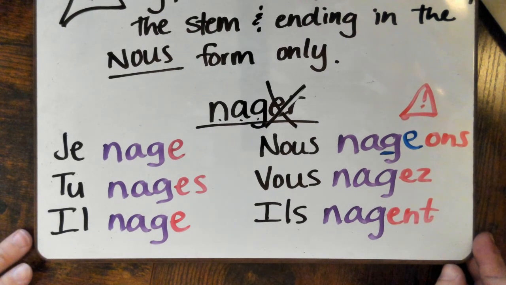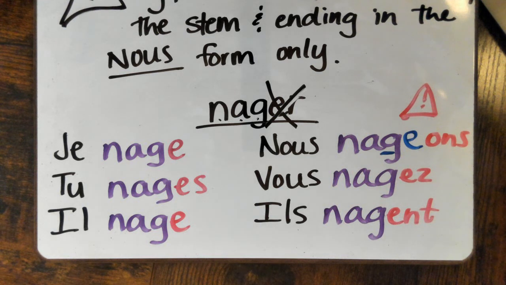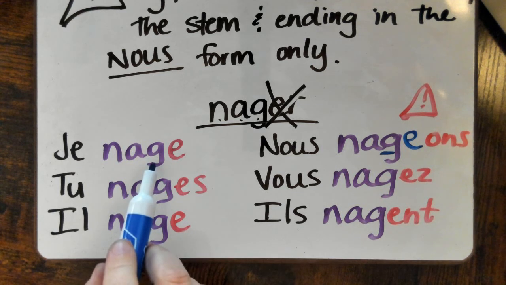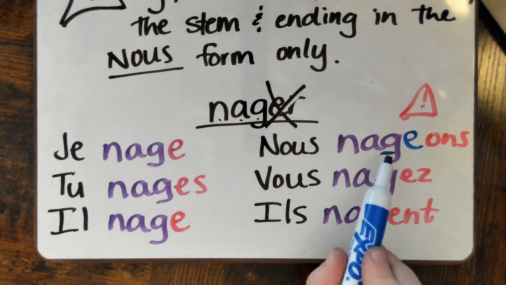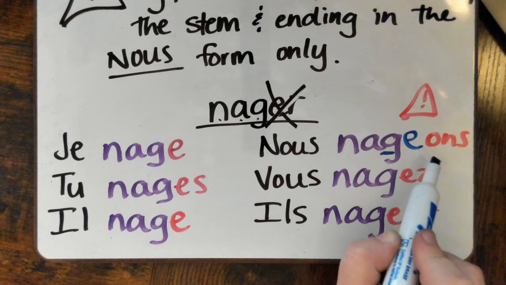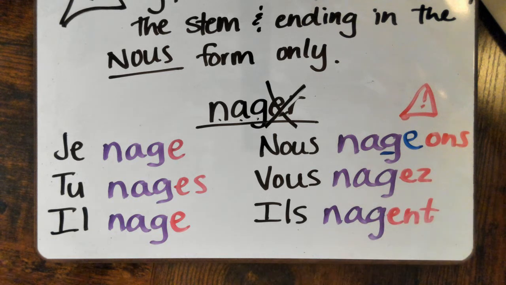And the reason we do that is because all of these other forms of the verb have an E right after the G. See how here we have G-E, G-E, G-E, G-E, G-E? Well, this one, if we didn't put the extra E there, it would be G-O. And there's a rule that says when there's a G and an O next to each other, the G is pronounced hard. And we don't want to say nagon when all the rest of them have a soft G. So it's nage, nages, nage, nageons, nagez, nagent.